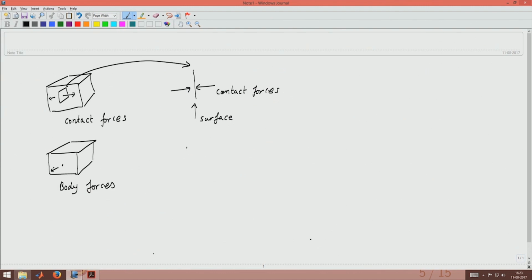If I take any small material volume, the body force will be acting throughout the element, and therefore, it is called volumetric. So, we basically have surface forces and volumetric forces.